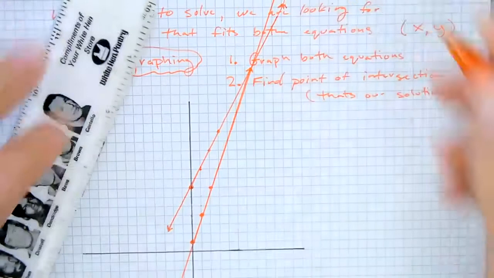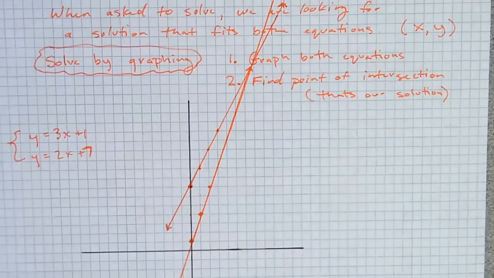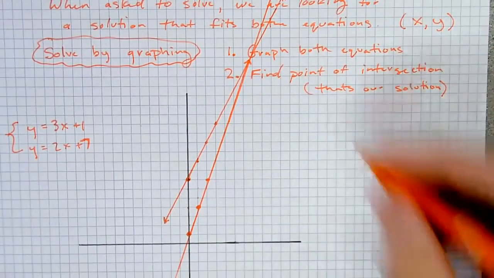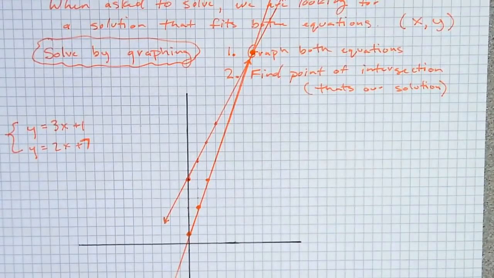Again, I didn't pick a good graph because it goes way up here. Right in the middle of that, it looks like, and now I have to count, which I'm not looking forward to.